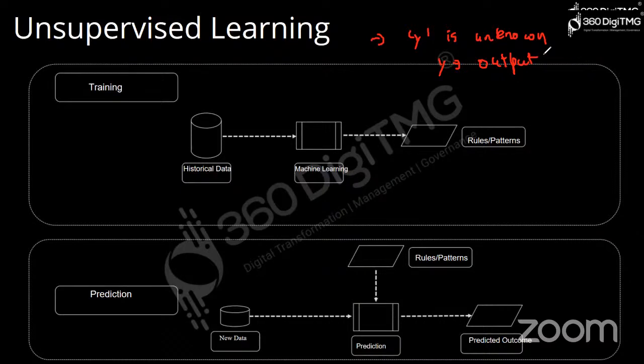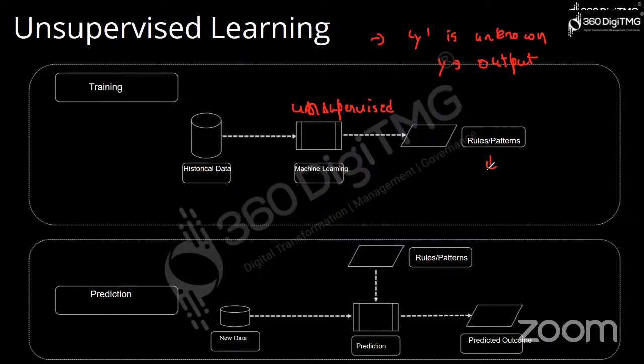Okay. So what we do here is we take our data and we apply some sort of unsupervised machine learning algorithm on it. And then from that algorithm, we get some sort of rules and patterns. Okay.